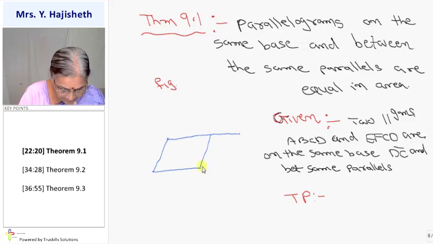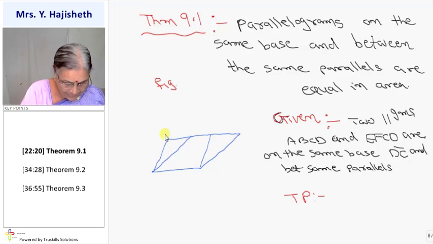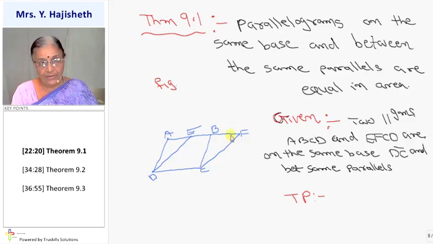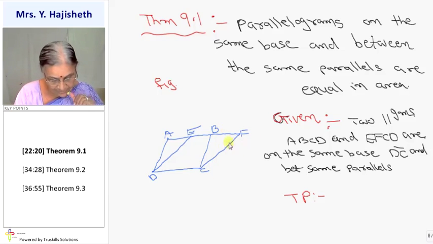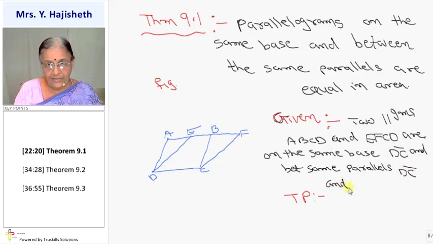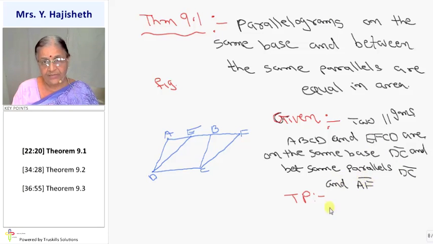ABCD. दूसरा पैरेललोग्राम बनाया EFCD. देखो A, B, C, D and this is E and this is F. Have you seen two parallelograms ABCD and EFCD? These two parallelograms are on the same base CD and between the same parallels DC and AF. Clear? This is my given data.